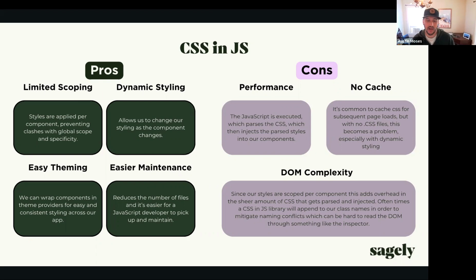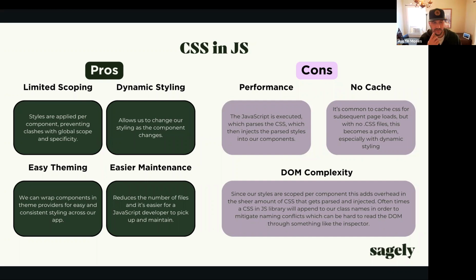So then there's just the DOM complexity. This comes a little bit with using CSS preprocessors as well, depending on the preprocessor you're using. But since our styles are scoped per component, this adds overhead and just the sheer amount of styling that gets added into our DOM. It will also append certain IDs to your class names. So say you have two separate components that have the same class name.